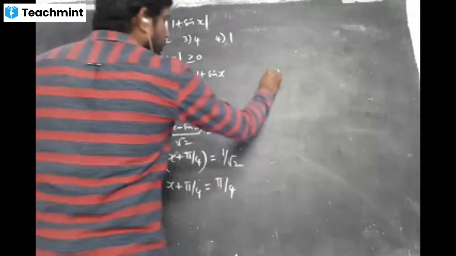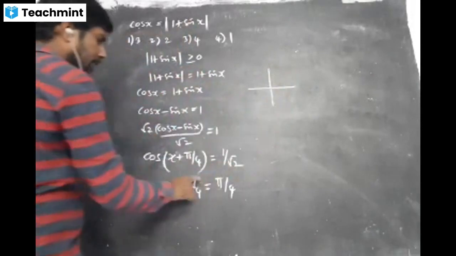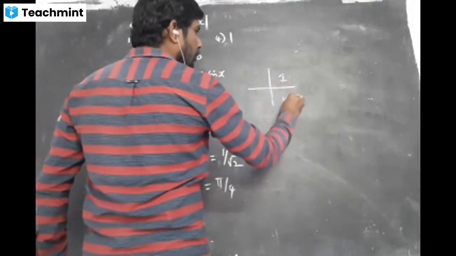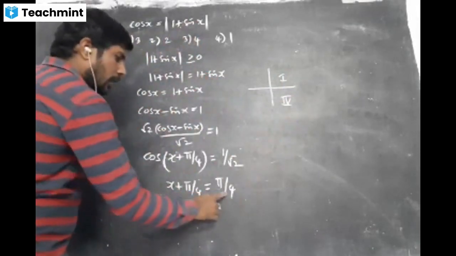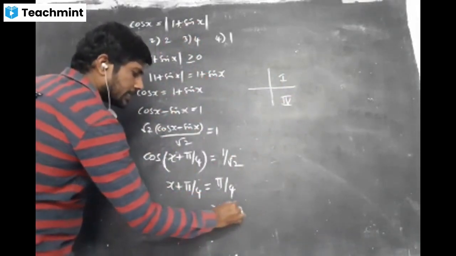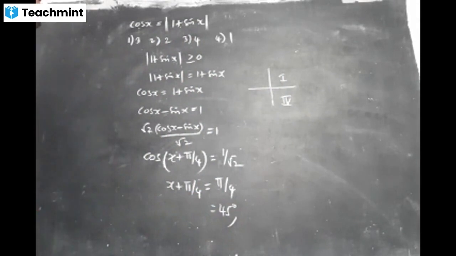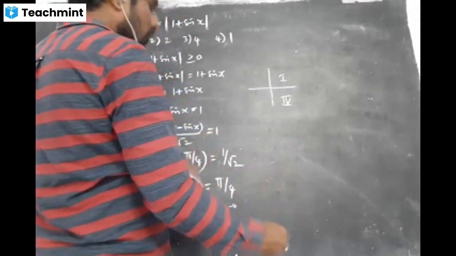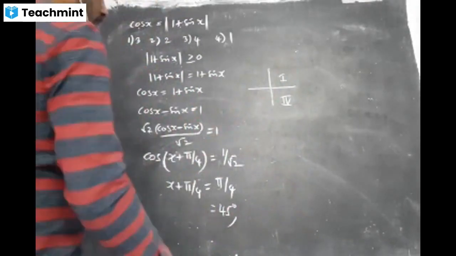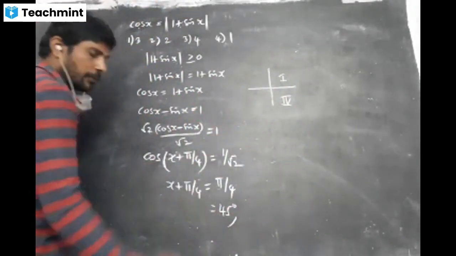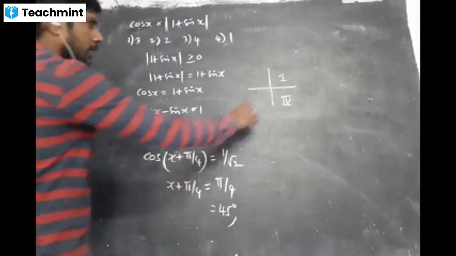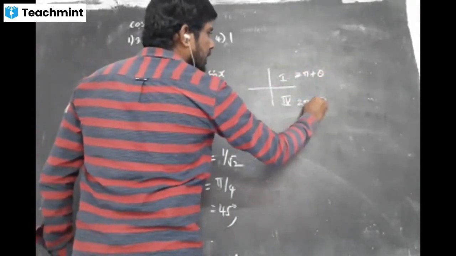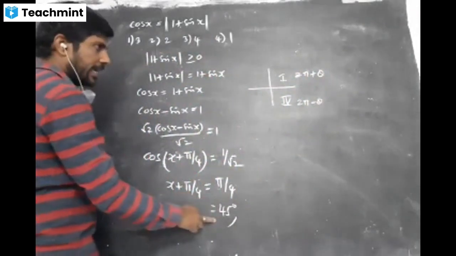Cos theta is positive in which quadrants? First quadrant and fourth quadrant. So our answer is 45 degrees. So x plus pi by 4 is equal to 45 degrees. In the first quadrant it is 2 pi plus theta, in the fourth quadrant 2 pi minus theta. 45 is the general angle.